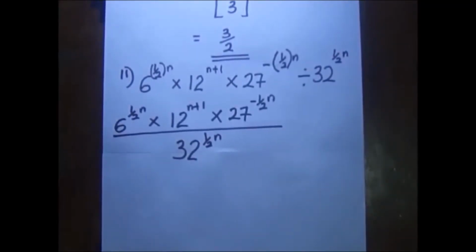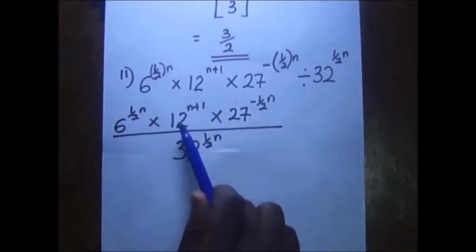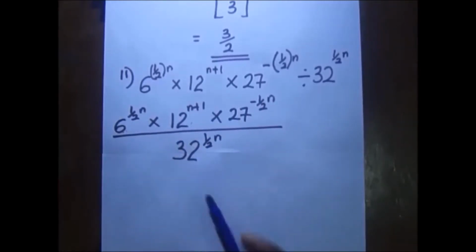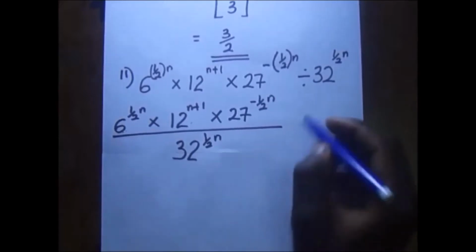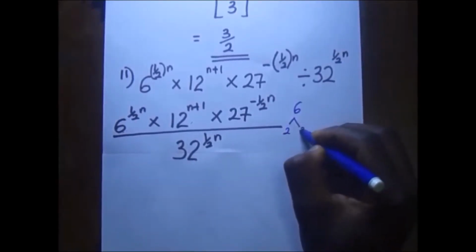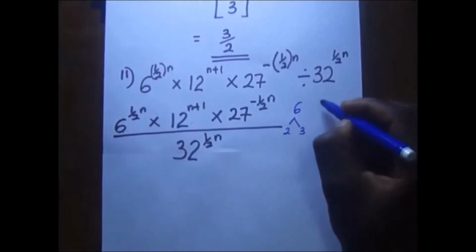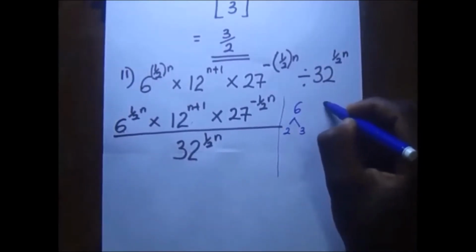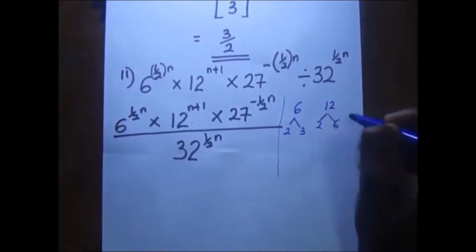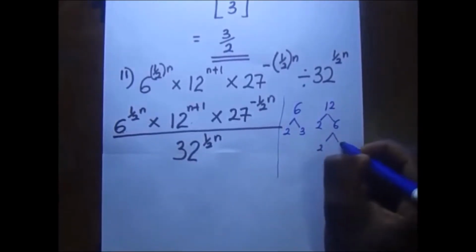After breaking it down like that, we now find the prime factors. We prime factorize these numbers because they are big, and we obtain small numbers. This is side work. For 6, we divide by 2 and get 3. For 12, by 2 we have 6, by 2 we have 3.